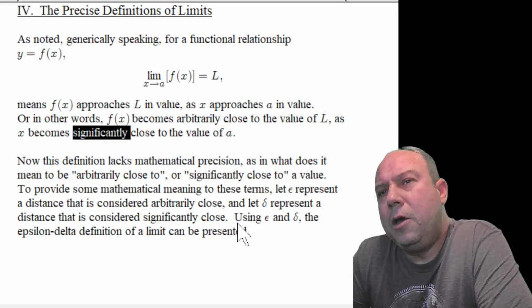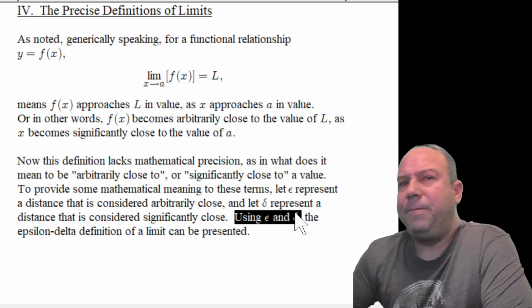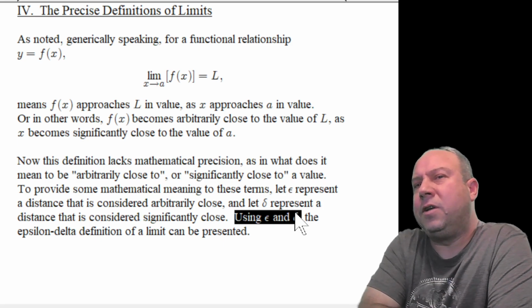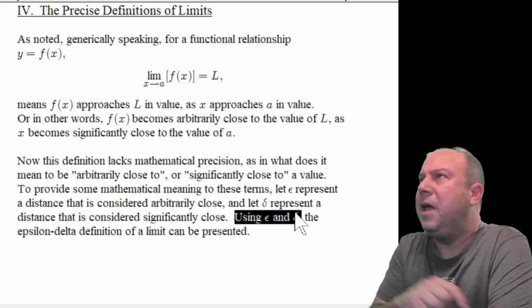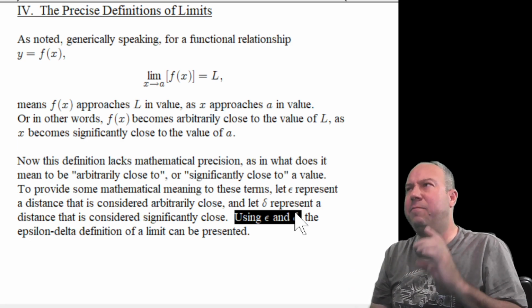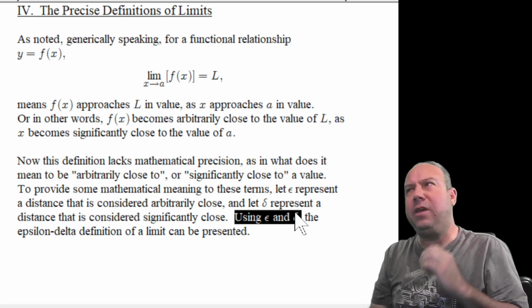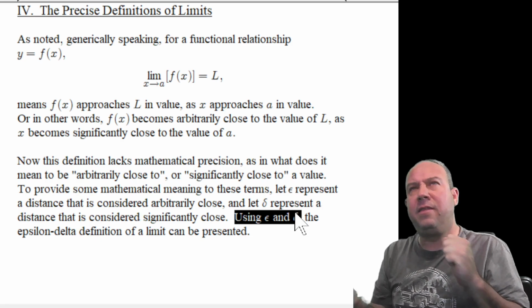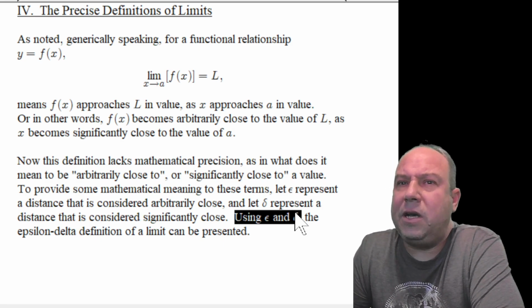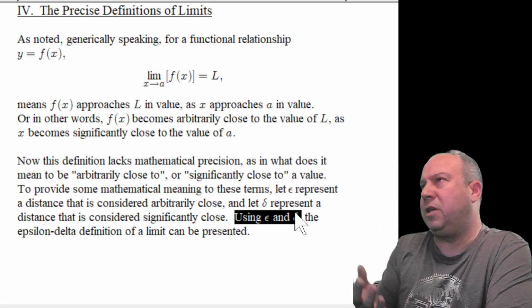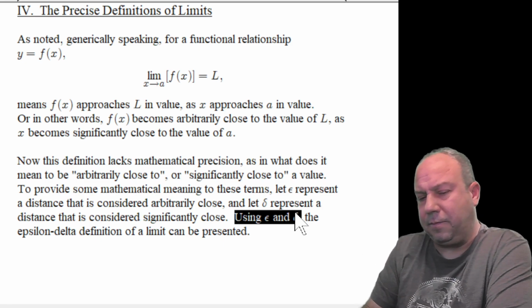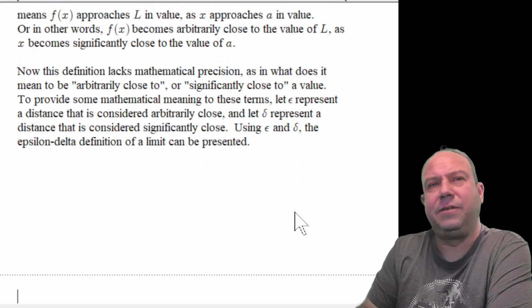Using epsilon and delta, we can present what's called the epsilon-delta definition for a limit. Epsilon and delta, again, being this size of boundary that we can put around the values we encounter in our limit that allow us to say that we are arbitrarily and significantly close to these values. Let's look at the definition.